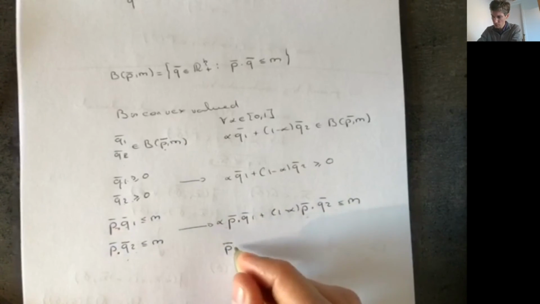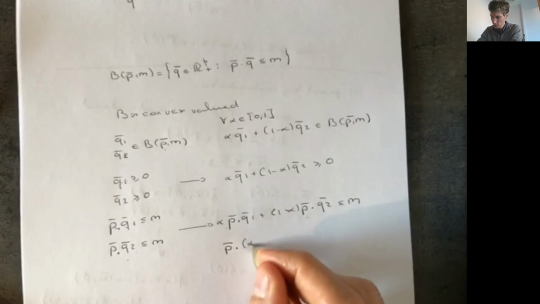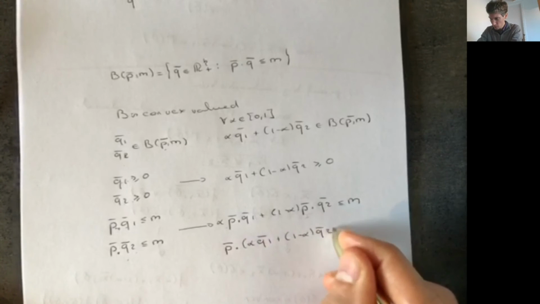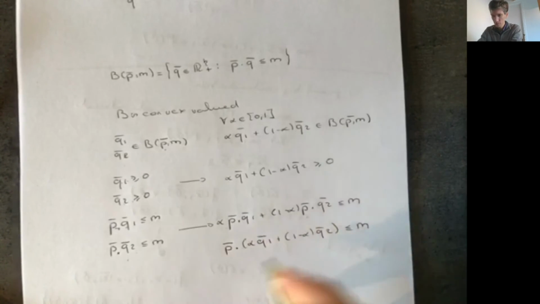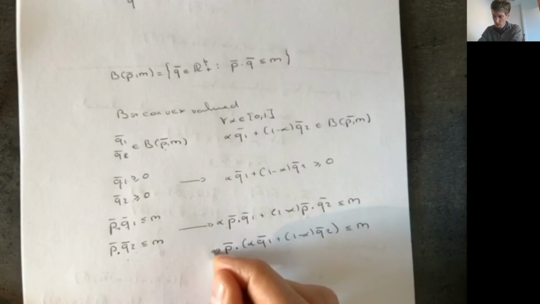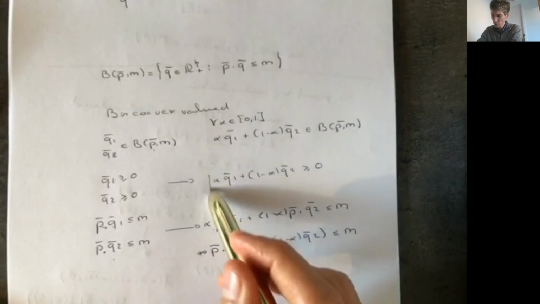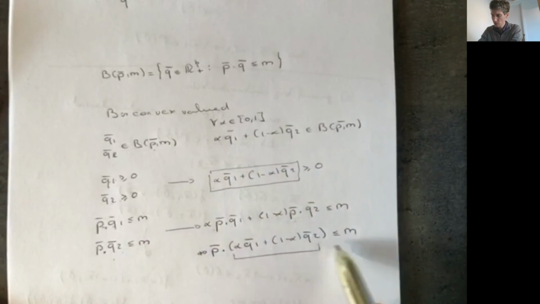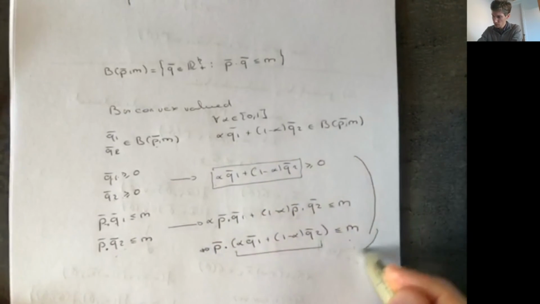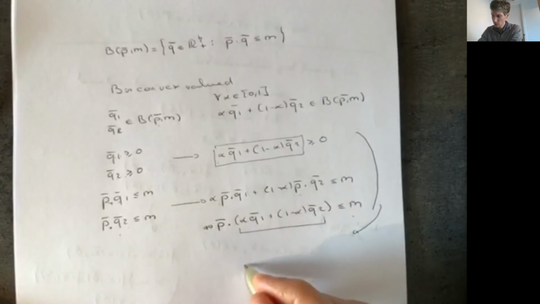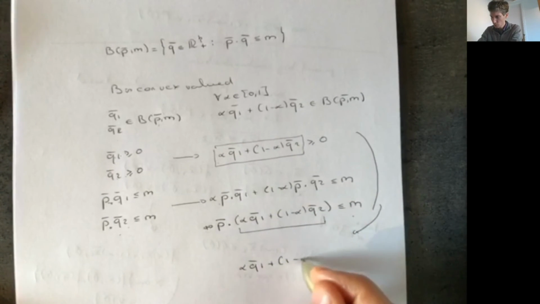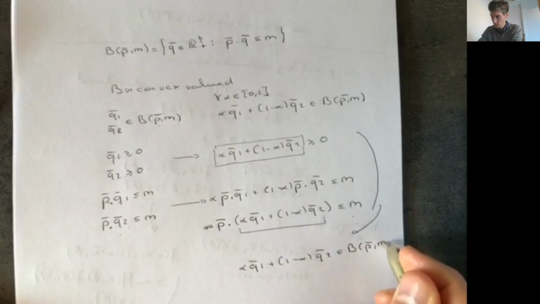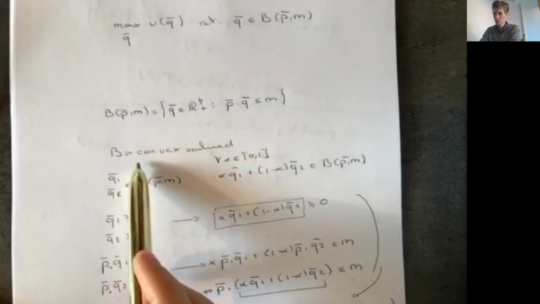We can take the dot product of p with alpha q1 plus 1 minus alpha q2. So this is the same inequality, right? We have seen that this bundle is greater or equal to 0, and p times this bundle is lower or equal to m. So these two conditions show that alpha q1 plus 1 minus alpha q2 is in the budget set. Okay, so this shows that B is indeed convex valued.